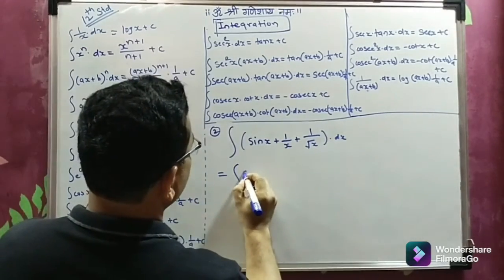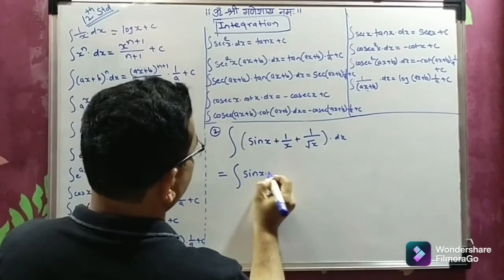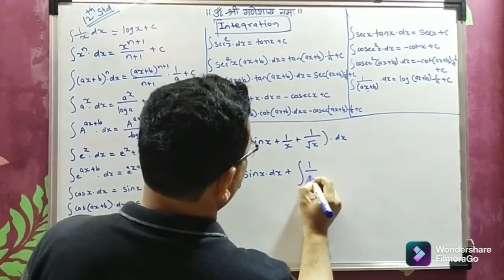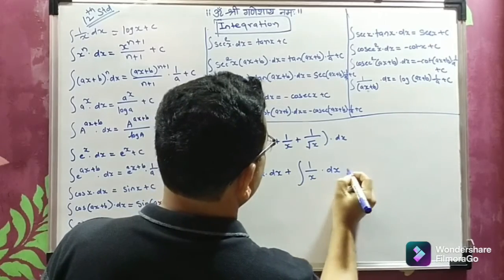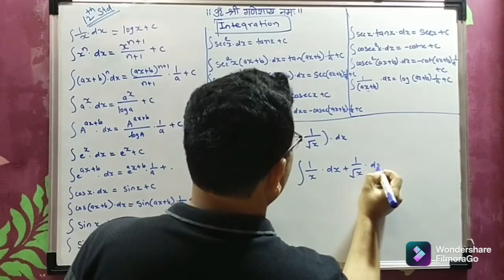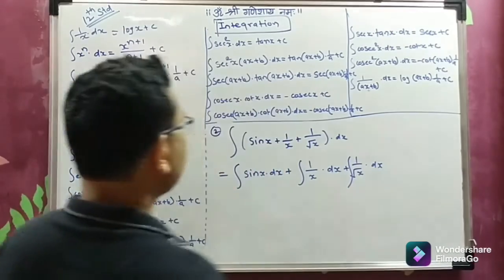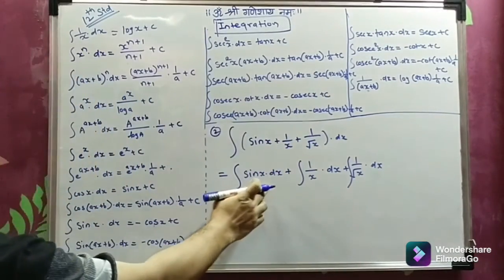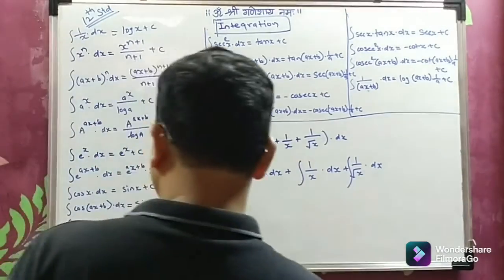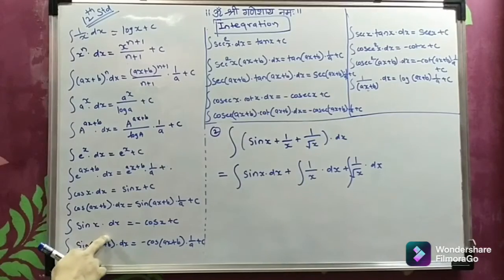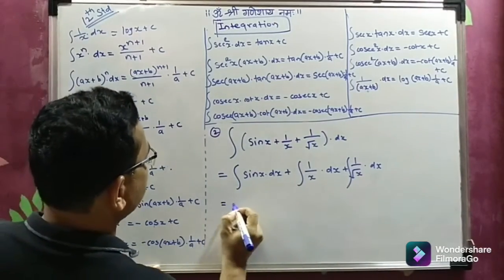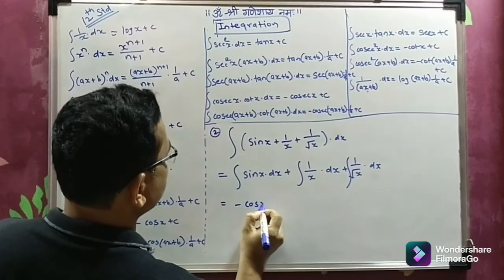So this is integration of sin x dx plus integration of 1 upon x dx plus integration of 1 upon root x dx. Now what is the integration of sin x? Integration of sin x dx is nothing but minus cos x plus c. So here the answer will come minus cos x.